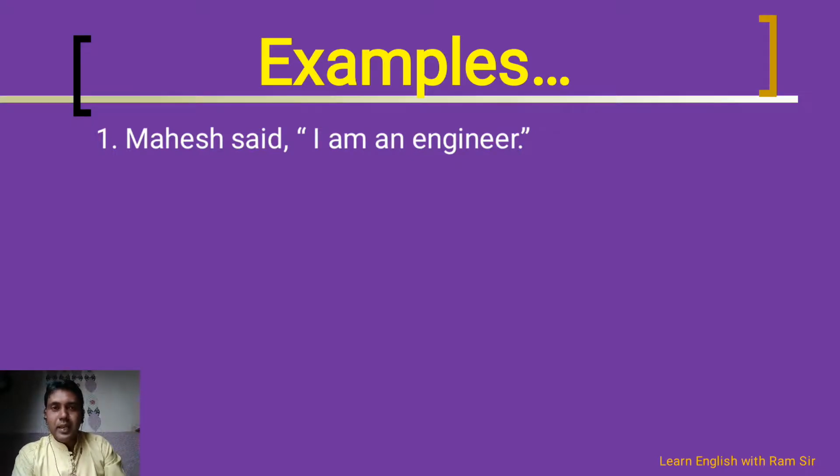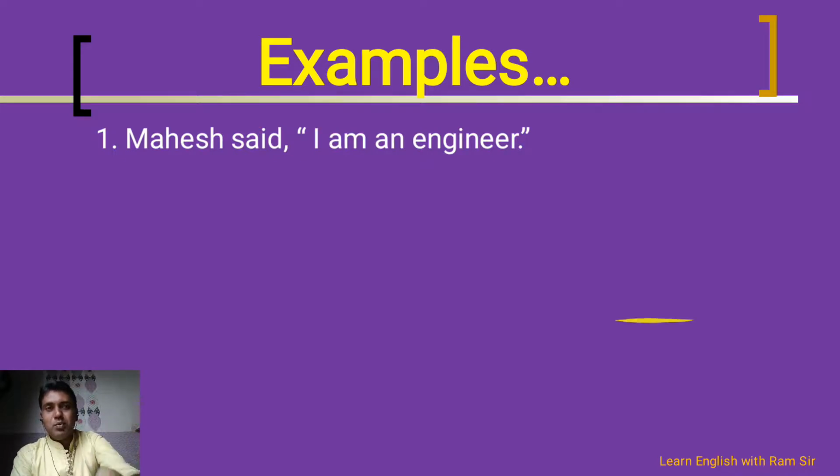I indicates Mahesh. Mahesh is a male person. And which pronouns you will use for that? He, right? And the sentence is in simple present tense. And as per the table, right, we need to change or convert simple present tense into simple past tense. Correct? So here you have to use Mahesh said that he was an engineer.